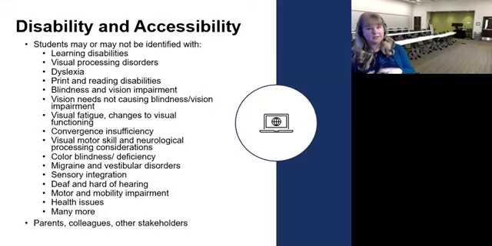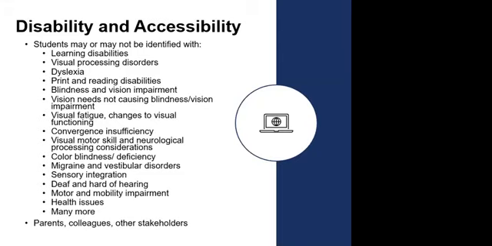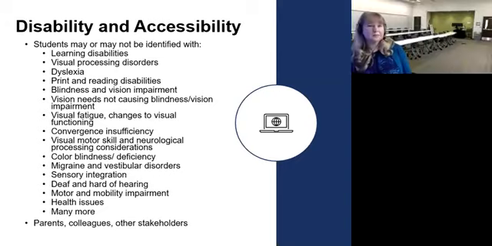So I want to ask you all first, and Chanel, do we have our second poll, the accessibility one, level of understanding? Yes, let me see if I can pull that up. So the next poll is going to ask you what is your perceived level of understanding of accessibility?